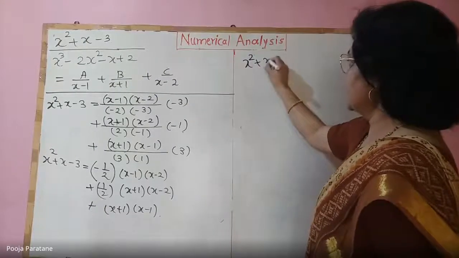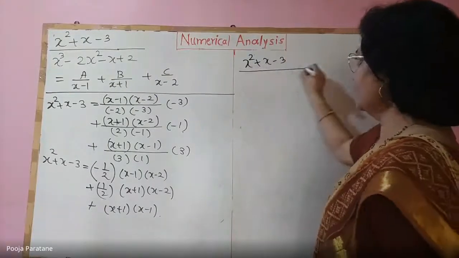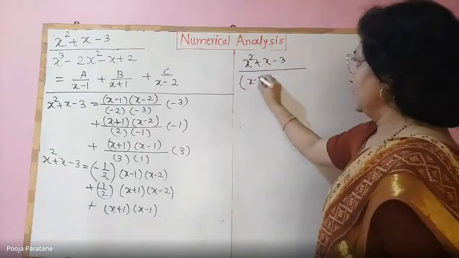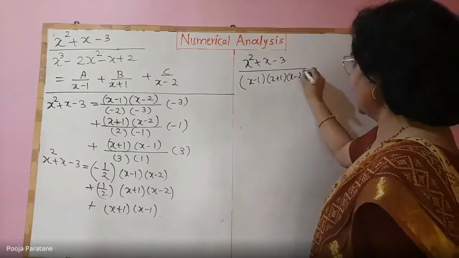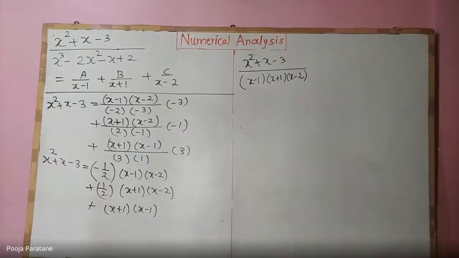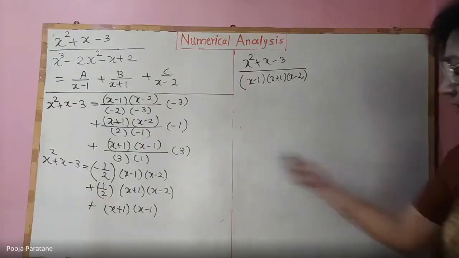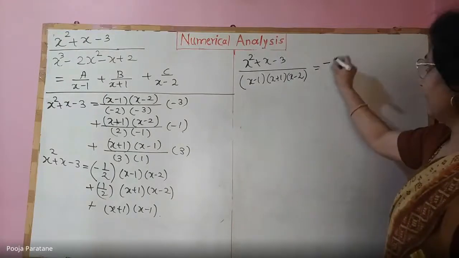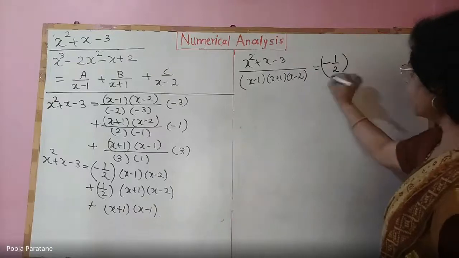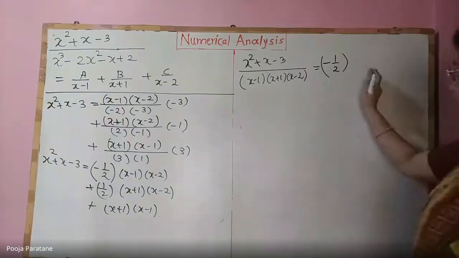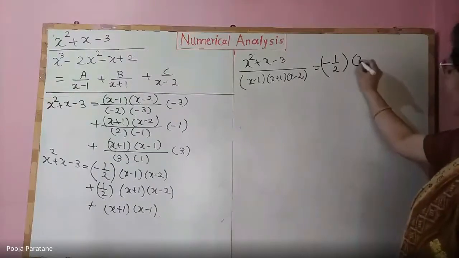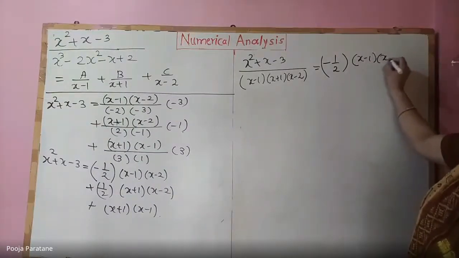x square plus x minus 3 upon x plus 1 into x minus 2. So we will divide throughout. Now this constant will be as it is. Now as it is the first term, I will write here this term. What is the first term? x minus 1, x minus 2.